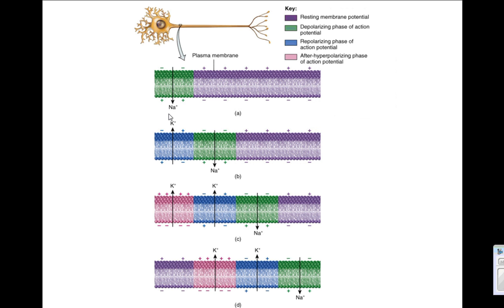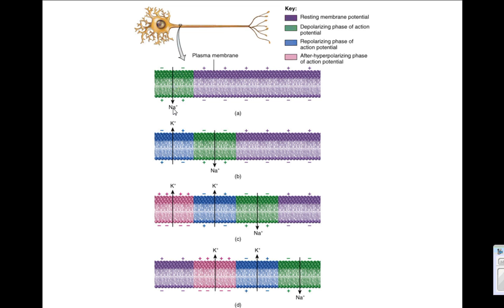This whole process, like I said, is going to spread like a wave down our axons, like we can show right here with this figure. Okay, we're zooming in at just one small segment of axon. What we're looking at is the plasma membrane. This segment of our plasma membrane is in the depolarizing phase.